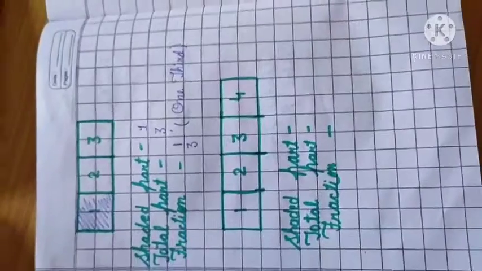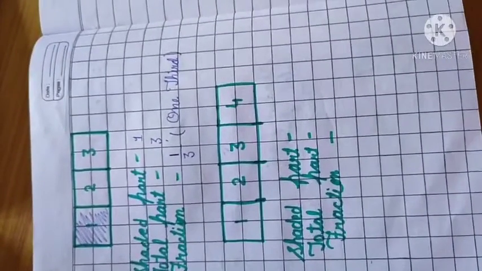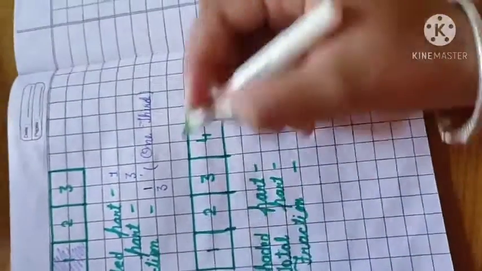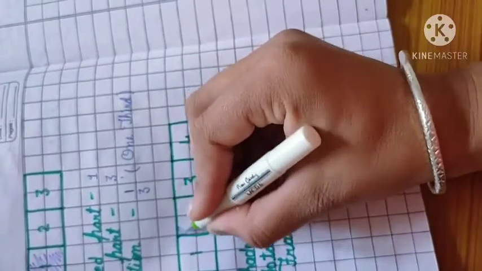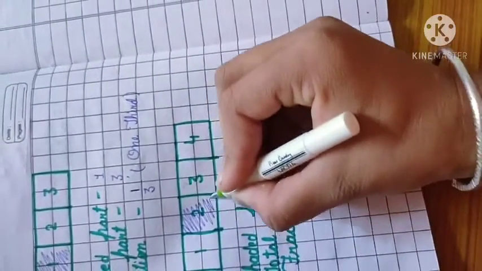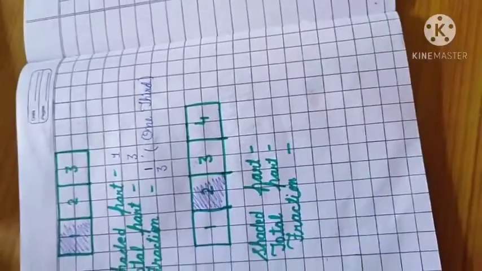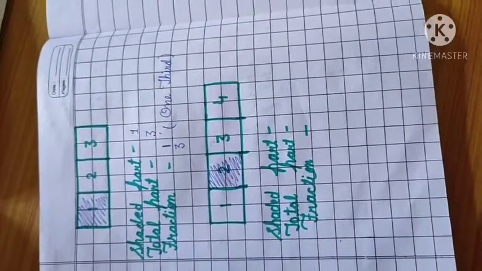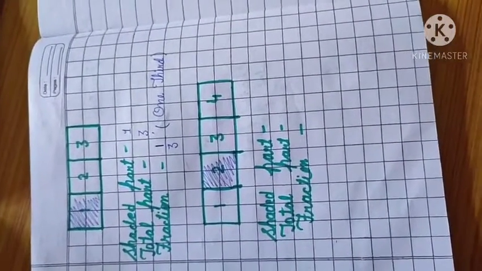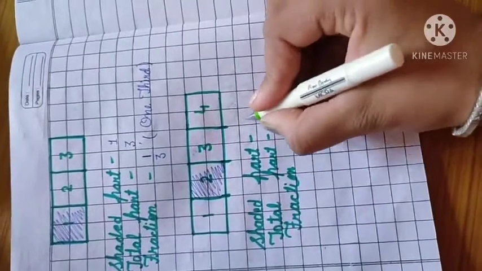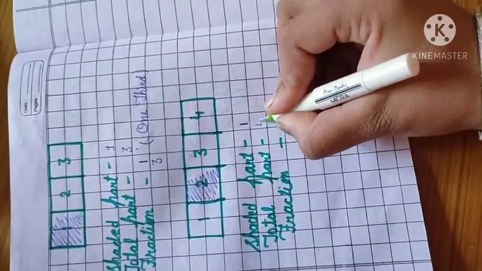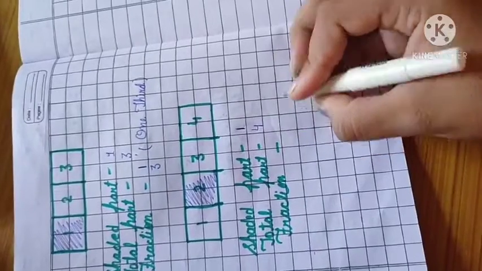Here are 4 equal parts. Let's shade one part. Out of 4 equal parts, one part is shaded. So, shaded part 1, total parts 4. So, what is the fraction?